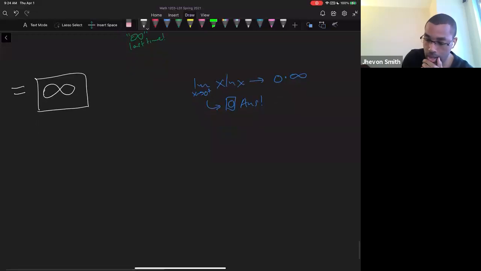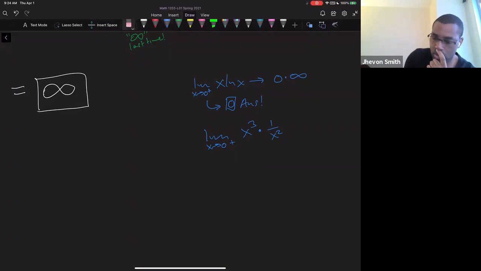So for example, something like x cubed times 1 over x squared, or the other way around, x squared times 1 over x cubed.